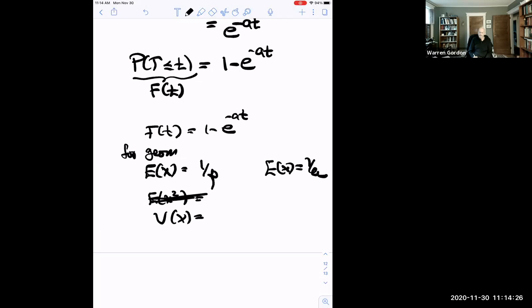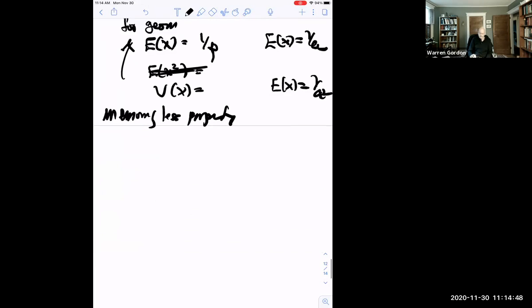Q over p squared. However, over here we got 1 over alpha squared. Remember, the geometric had what we call the memoryless property. The exponential has the same property. That's an exercise that I give you. It's easy to prove. You might want to look at that. Okay.